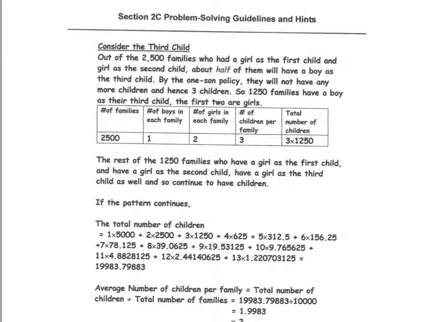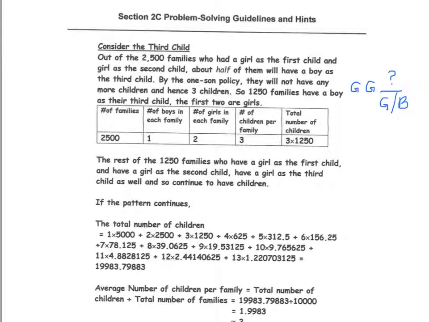We're going to look at the third child of those 2,500 families that had a girl as a first child, girl as a second child, and now we're looking at their third child. Now, the third child can be a girl or a boy.